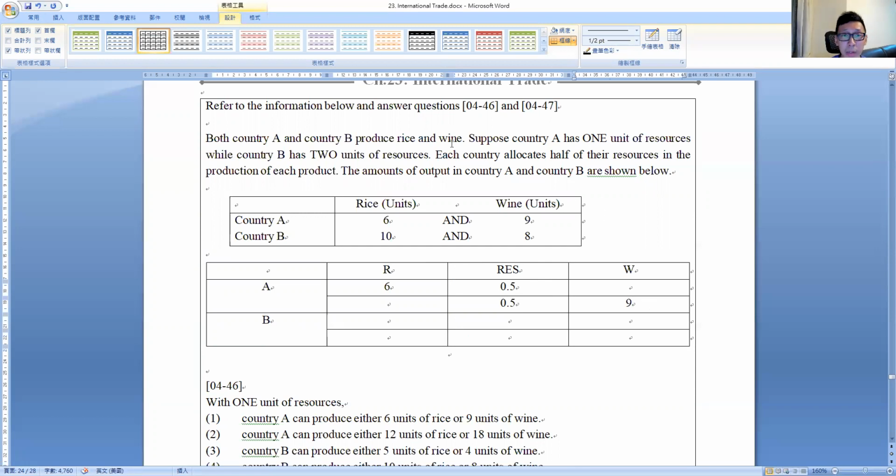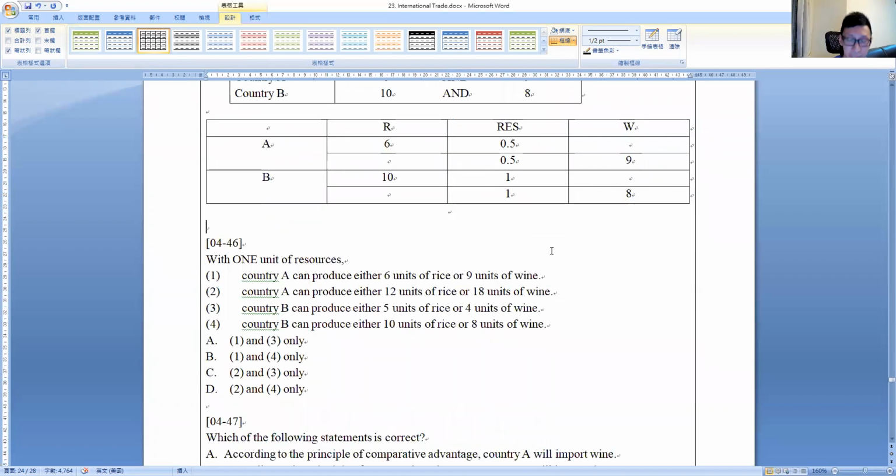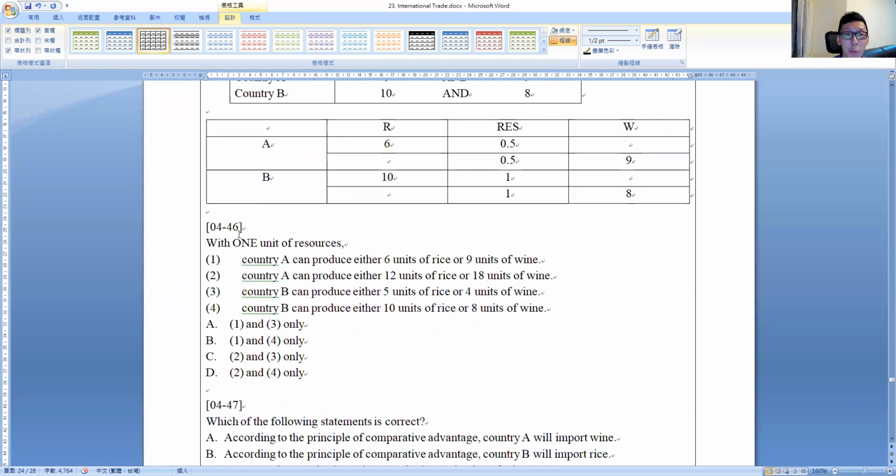Now, country B has 2 units and evenly distribute, meaning 1 and 1. 10, 8. Now the question asks, with 1 unit of resource, how much country A and country B can make?